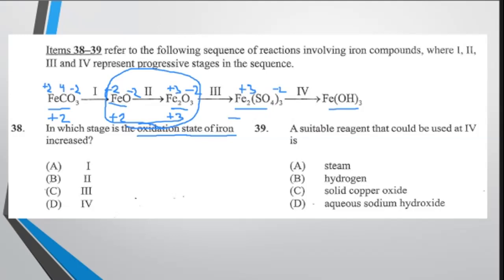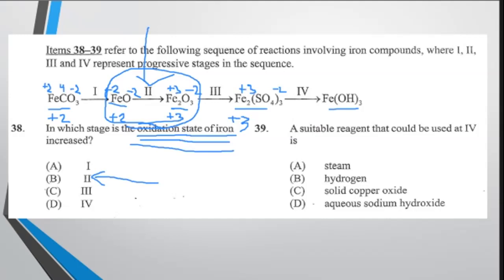Fe is now +3. So how does that help us? The question asks, at which stage is the oxidation state of iron increased? That would be at this stage right here, where it went from +2 to +3. That would be answer B, at stage 2.